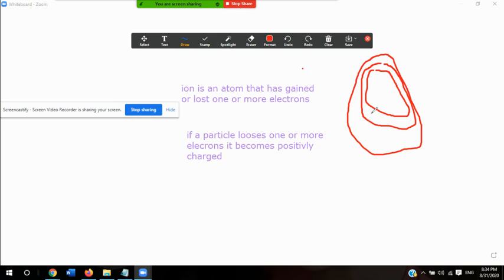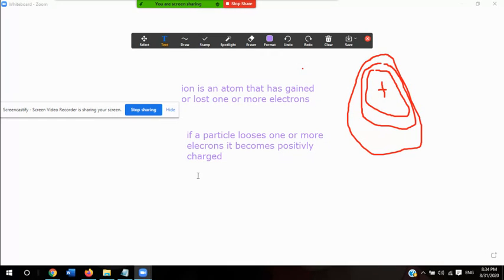I know this does not look very appealing, but what I'm trying to explain is that to maintain stability, an element will either gain or lose an electron. So if an atom loses one or more electrons, then it's considered to be positive, because there are going to be more protons, or more positively charged particles, than electrons. And the opposite is also true.